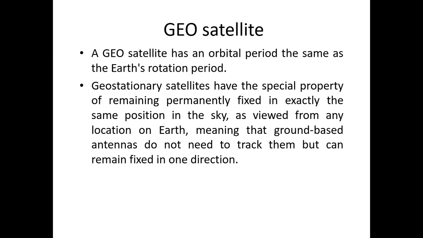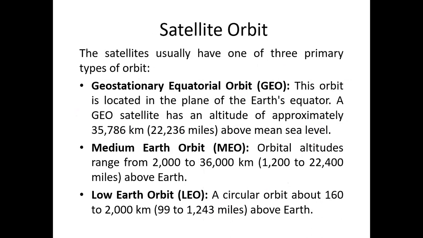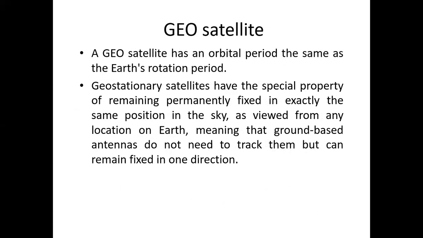For that rotation period, the radius will have a particular value, around 22,000 miles. So we have a fixed position in the sky, and the Earth station doesn't have to rotate.